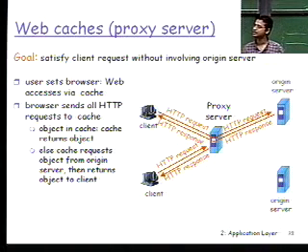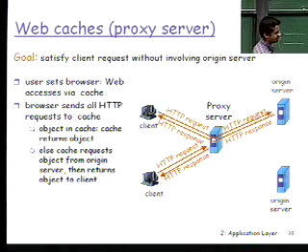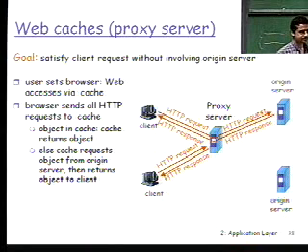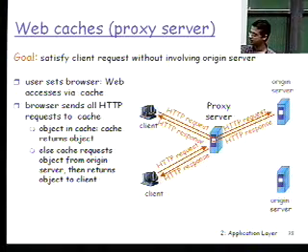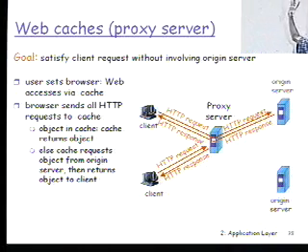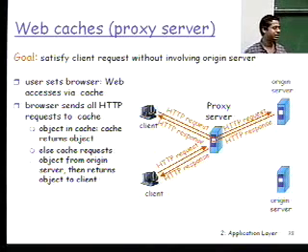A proxy server is a server which is sitting in front of a client, and it will try to satisfy any HTTP request sent by a client. And the proxy server acts as both a client and a server. So suppose you're a client and you have set some machine as a proxy server, and you ask this proxy server for a particular web page, www.cnn.com.